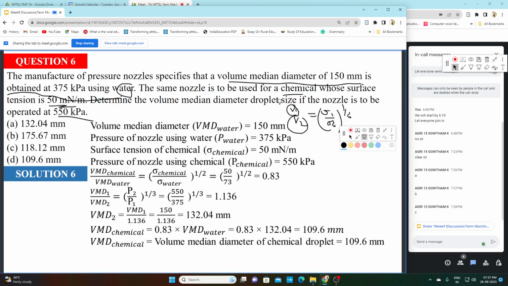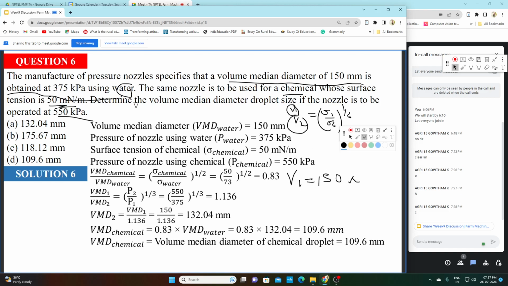V1 is your chemical part. V1 we have to find out. V2 we already know, that is for water, that is 150 millimeter. So V1 will be equal to 150 into sigma 1.